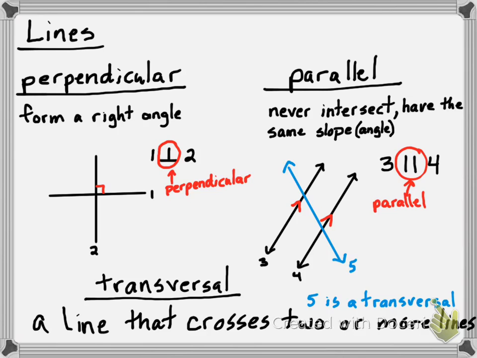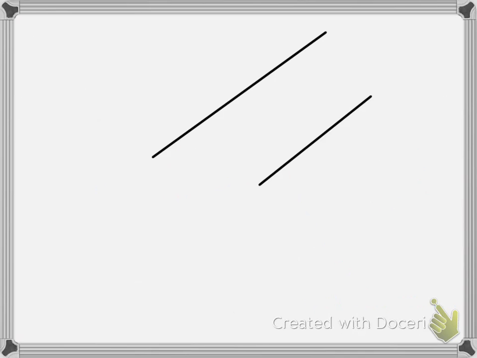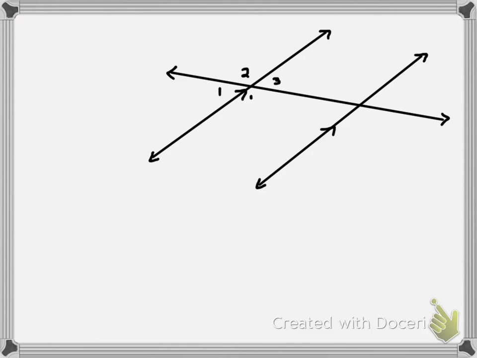Now we're going to look at this scenario in a little more depth. Okay, a lot more depth actually. Okay, so first thing you should notice is that I have two parallel lines. I know they're parallel because they have the little arrows here in the middle of the line. And then I have a transversal going across those two parallel lines.